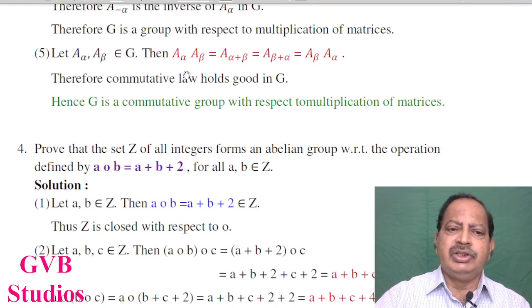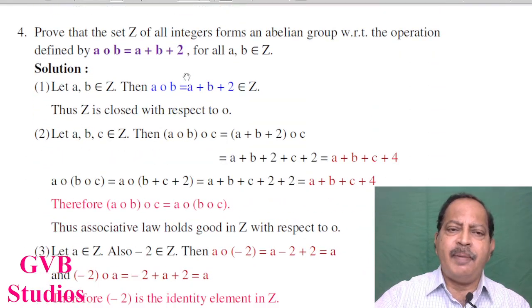Next, we see one more problem here. Prove that the set Z of all integers forms an abelian group with respect to the operation defined by A circle B is equal to A plus B plus 2 for all A, B belonging to Z. Here I am taking a set Z, that means the set of all integers, positive integers, negative integers, including 0.